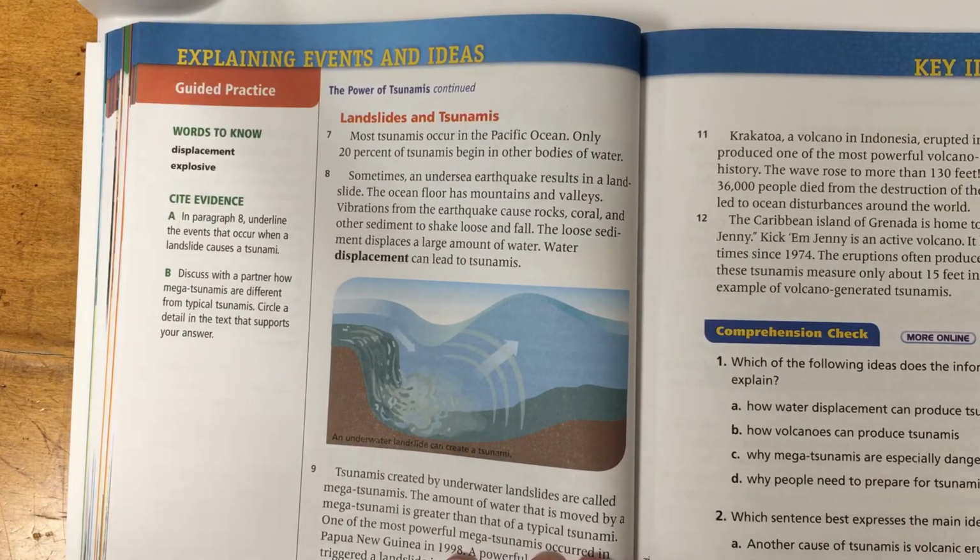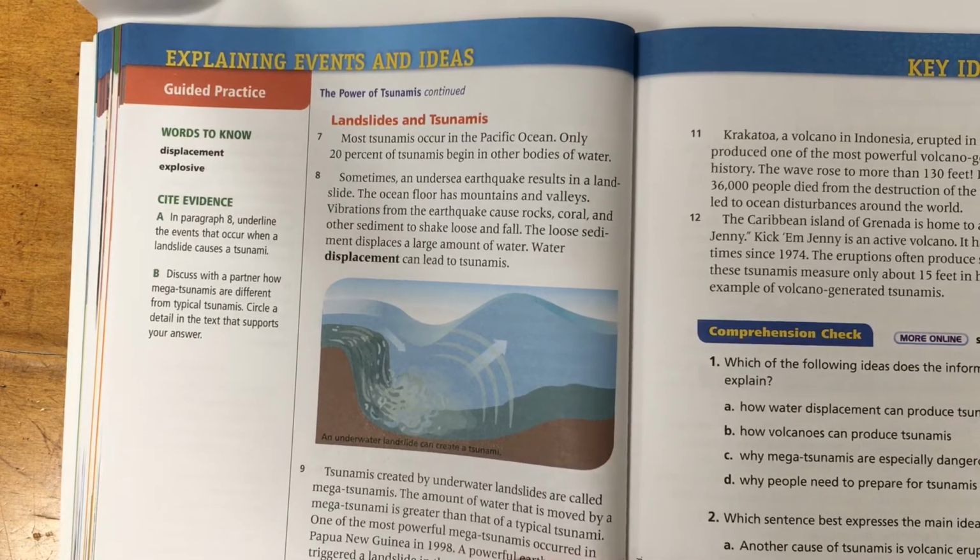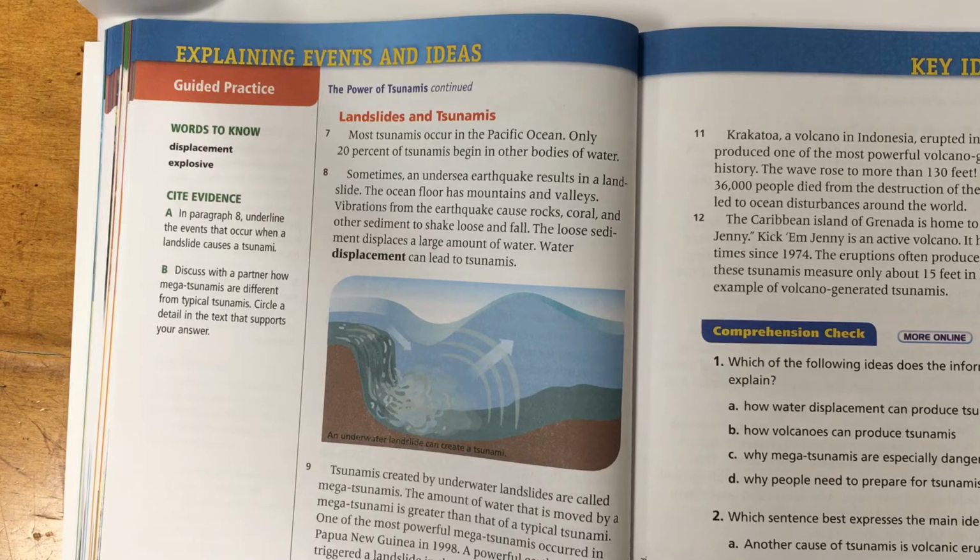Now, yesterday, we started reading about tsunamis. Remember, a tsunami is a very large wave. I hope that you had a chance to watch the video that I attached with my lesson so that you could see what a tsunami looks like.